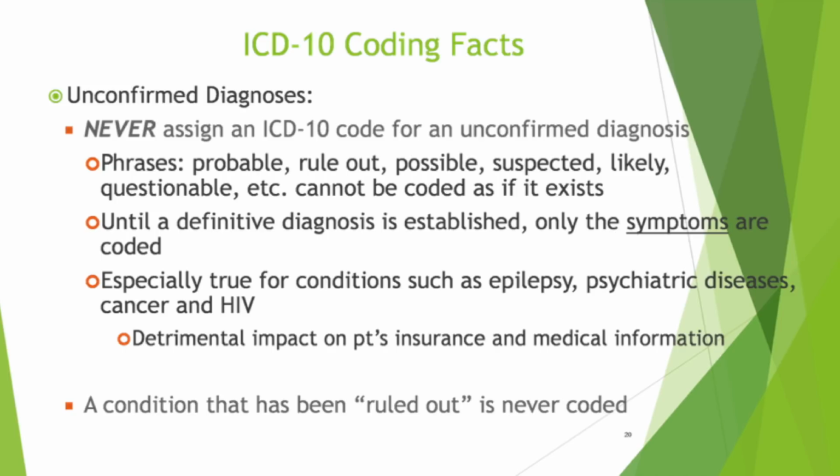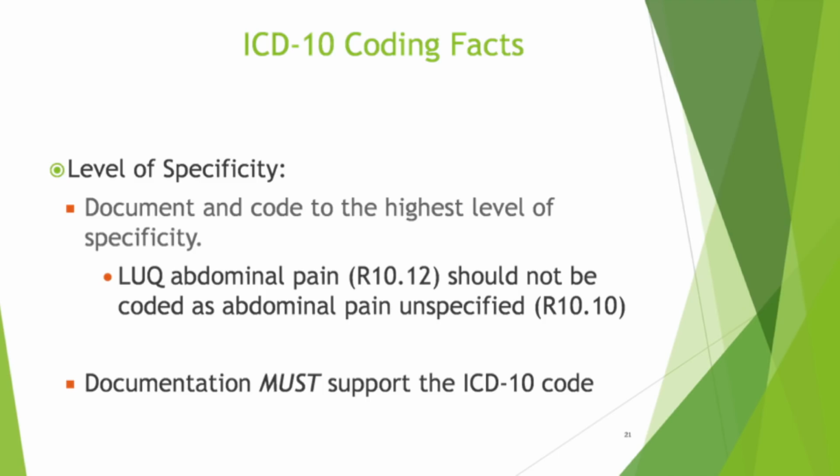This is especially true for conditions that may detrimentally impact a patient, such as epilepsy, which may result in losing the ability to drive a car, or potentially things like psychiatric diseases, cancer, and infectious diseases. Next, know that a condition that has been ruled out is never coded. Next, always document and code to the highest level of specificity and make sure that your documentation supports the coding.